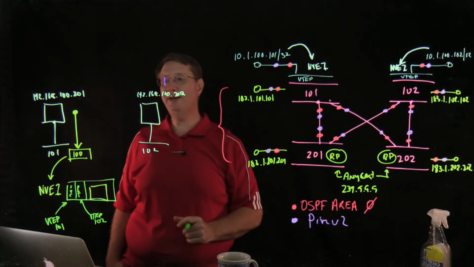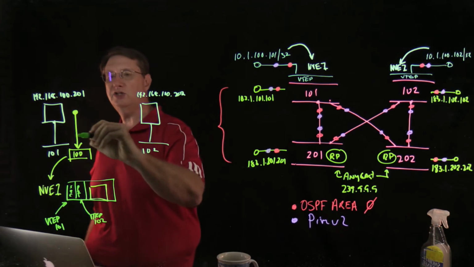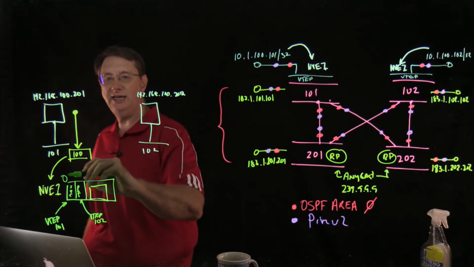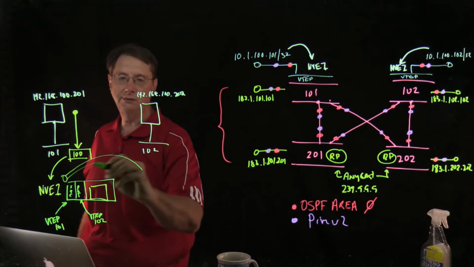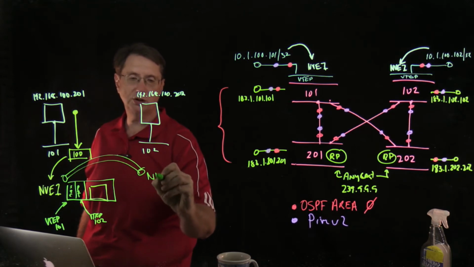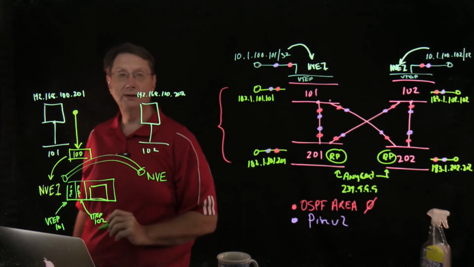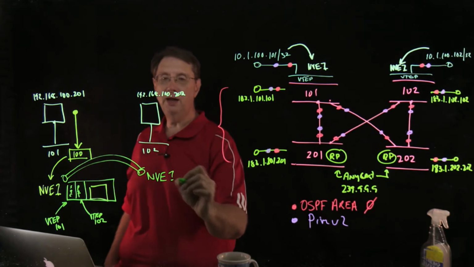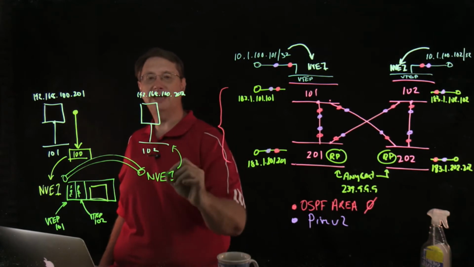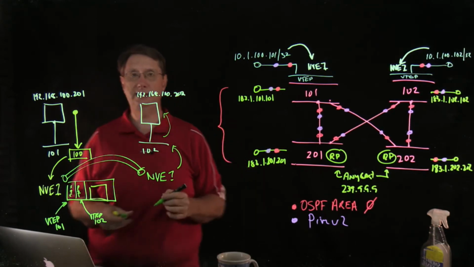That in turn gets sent from the NVE via the tunnel to the corresponding NVE1 on leaf 102, and the traffic gets de-encapsulated and ultimately sent to where it needs to go.